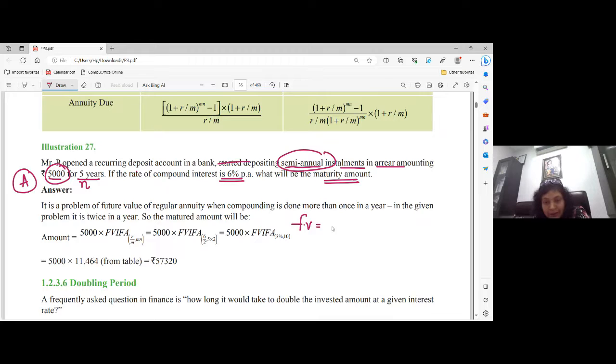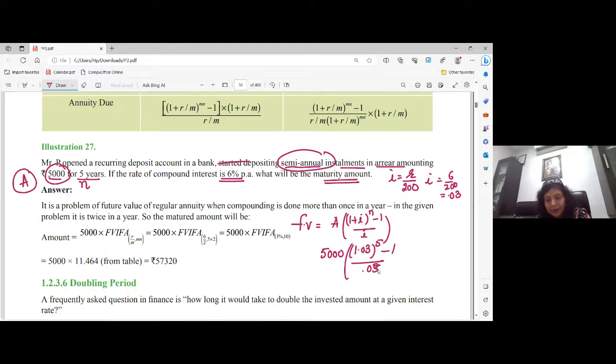So what does that mean? A[(1 + i)^n - 1]/i. Now in that case, i is equal to rate upon 200 because it is compounding semi-annually. So i is 6 upon 200, that means 0.03. So annuity is 5,000. Interest rate is 1.03 for how many years? 5 years, minus 1, upon 0.03.